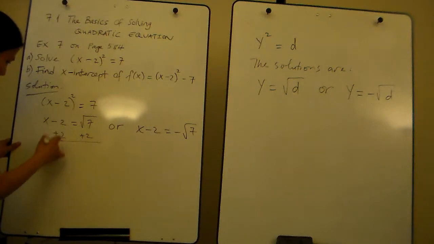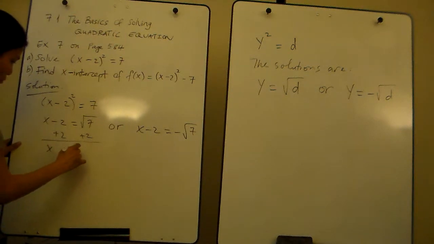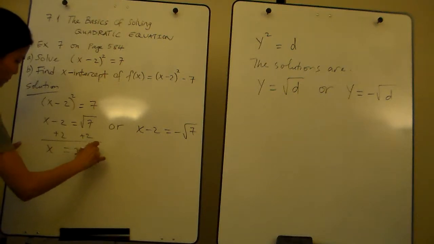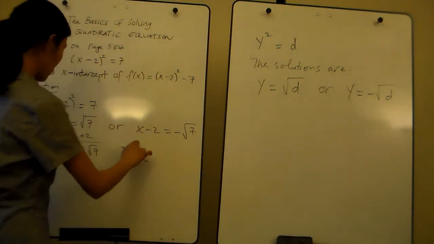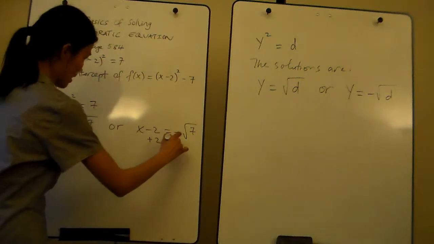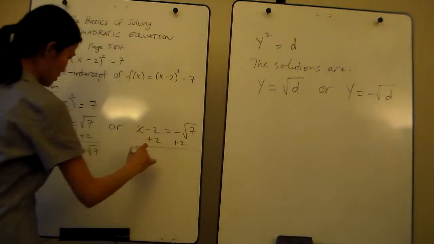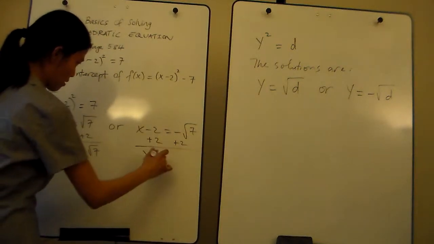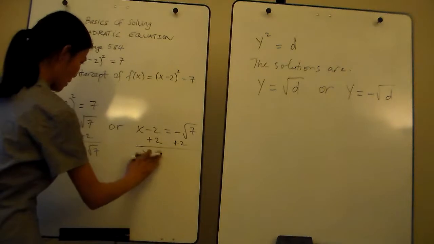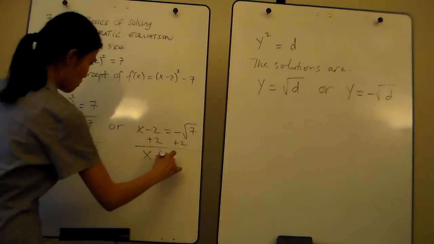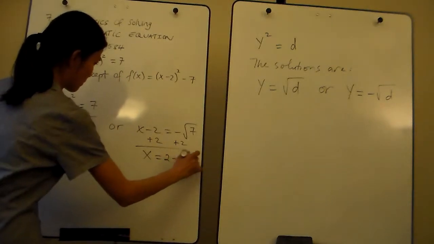So x equals 2 plus square root of 7. To solve for x, you're adding 2 on both sides, so x equals 2 minus square root of 7.